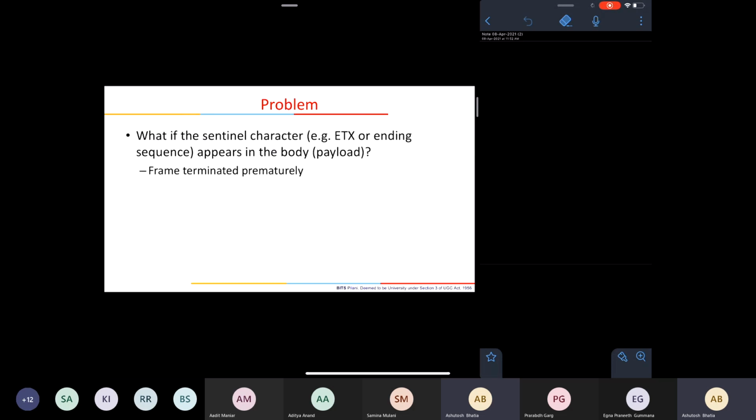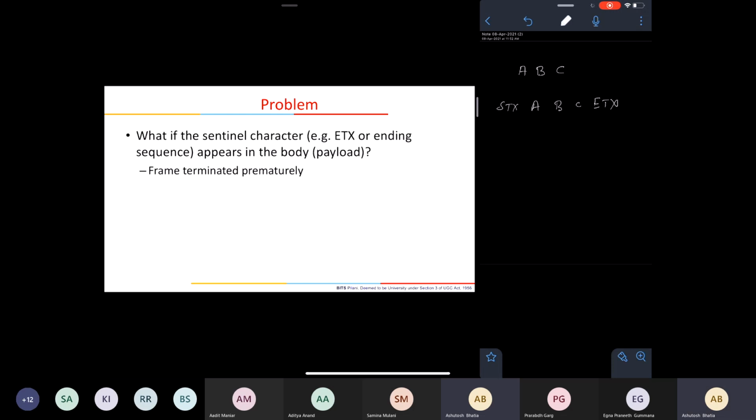problem is, it looks very simple, but what if the sentinel character itself, ETX, whatever, or the ending sequence appears in the body? For example, if I am transmitting, let's say, ABC, I can send start of frame STX, ABC, and then end of transmission. This is what I can send.